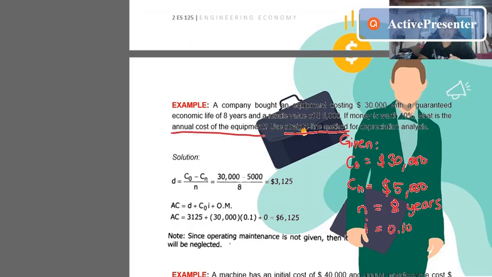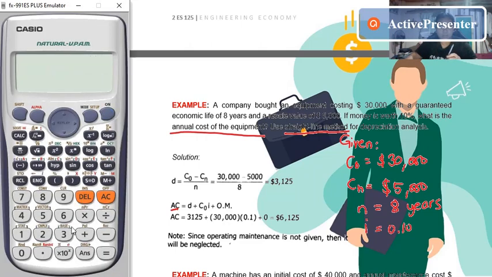After we solve the depreciation, we need to solve for the annual cost of the equipment. So the formula: AC is equal to D plus CO multiplied by I plus the operating maintenance cost. So substitute: 3,125 plus the first cost of 30,000, and our I is 0.10.